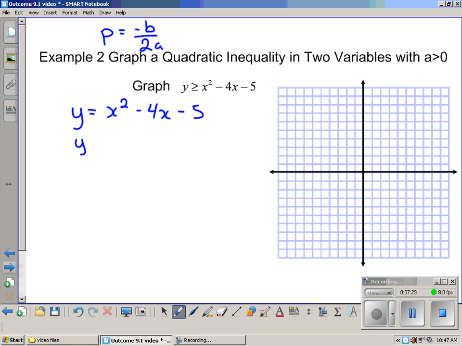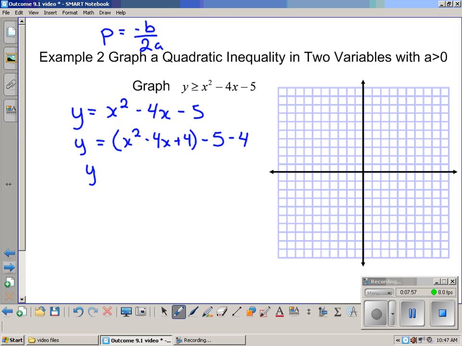So y is equal to, remember completing the square, we're putting the first two terms in our bracket. The second term is outside. Then we want to divide that middle term by 2 and square it. So negative 4 divided by 2 is negative 2. Squared is positive 4. If I add in 4 inside, I need to subtract 4 outside.